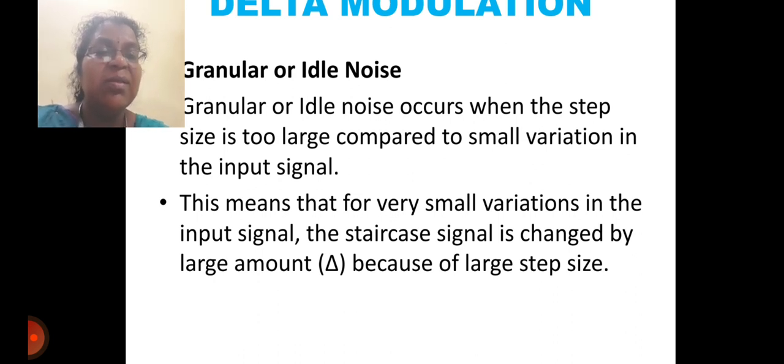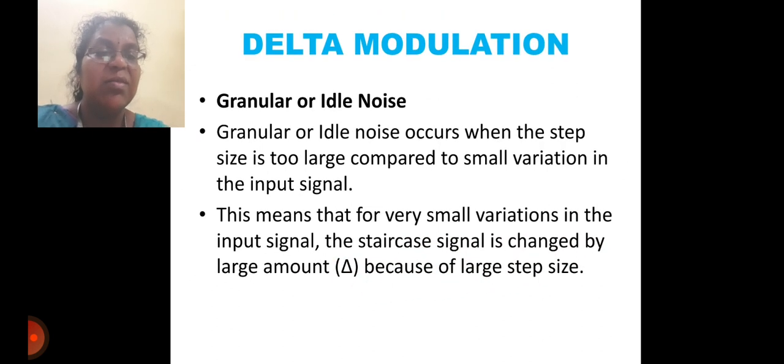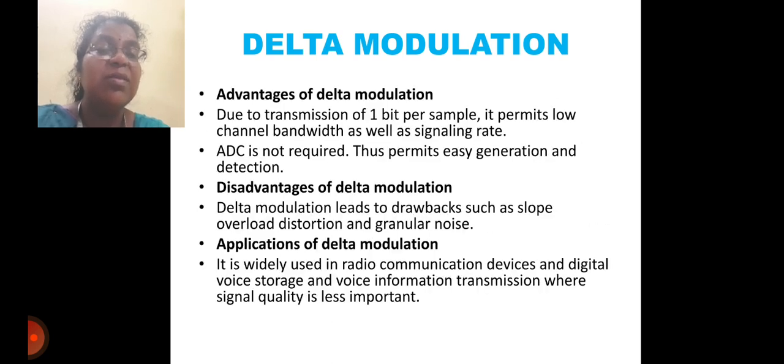This occurs when the step size is too large compared to the small variation in the input signal. This means that for very small variations in the input signal, the staircase signal is changed by a large amount because of the large step size. So in order to avoid granular noise, we have to pick a small step size.